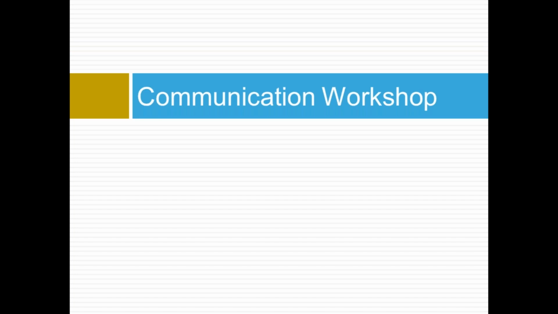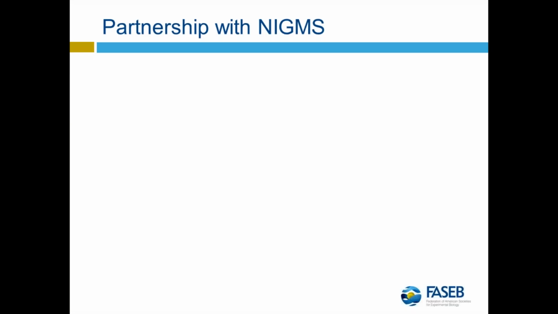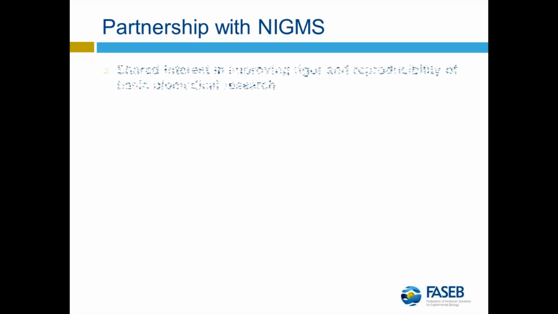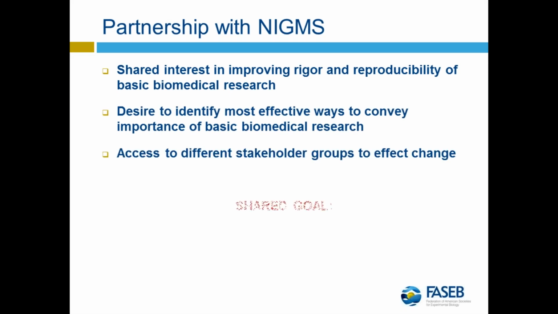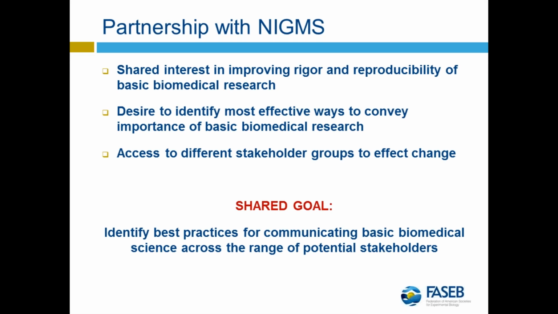Another effort that we hosted last year is a communication workshop. And this was a partnership with the National Institute of General Medical Sciences, because we have partnered with them quite a bit on rigor and reproducibility. And they were an active participant in our roundtables in 2015.